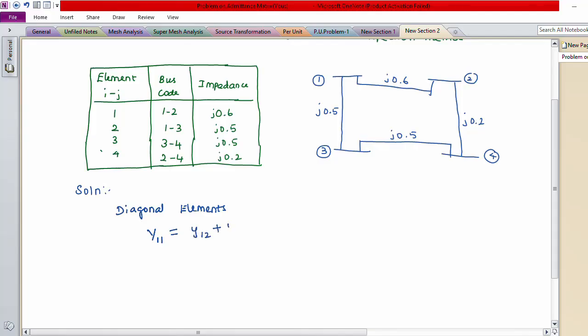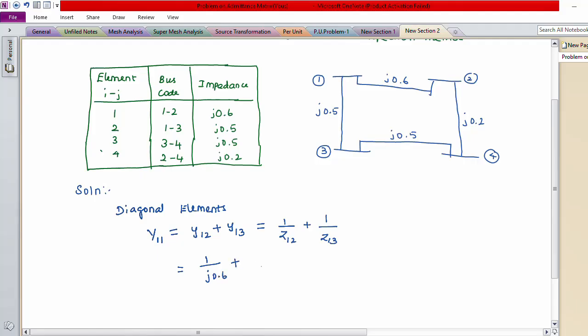y12 plus y13. But here they have given the impedance value, so we are rewriting the equation as 1 by Z12 plus 1 by Z13. So now the value of the impedance of line 1 to 2 is J0.6. So we have to substitute those values. 1 by J0.6.